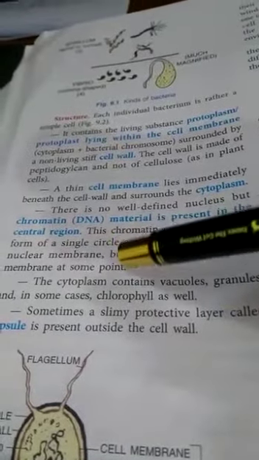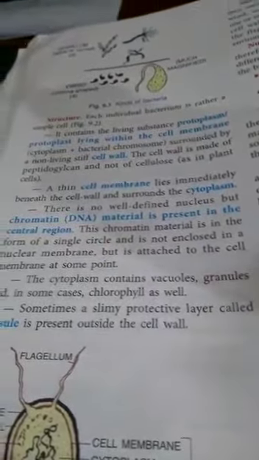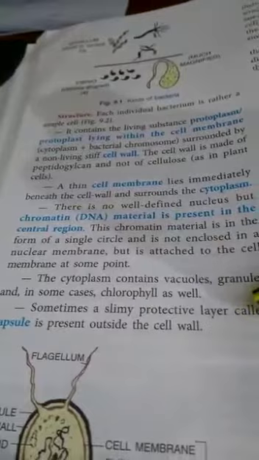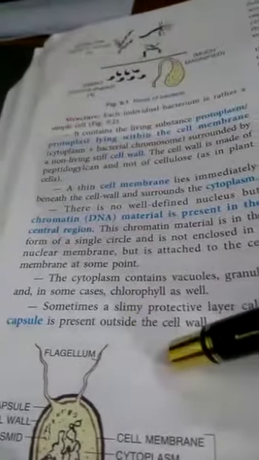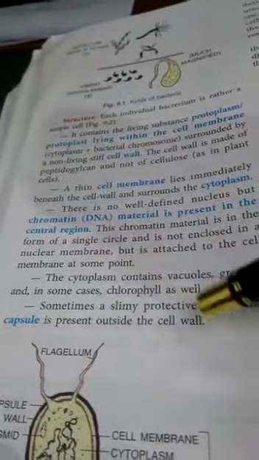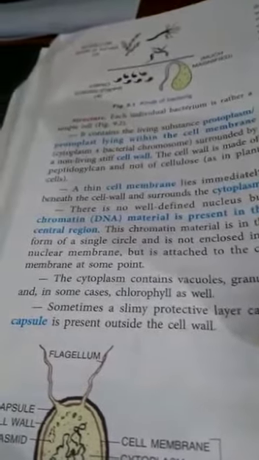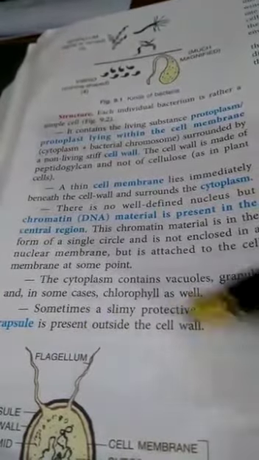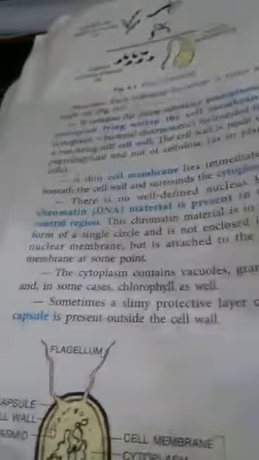Besides this, the cytoplasm contains vacuoles and granules. Around the cell wall, there is one slimy protective layer that is known as capsule. So this capsule is present around the cell wall.